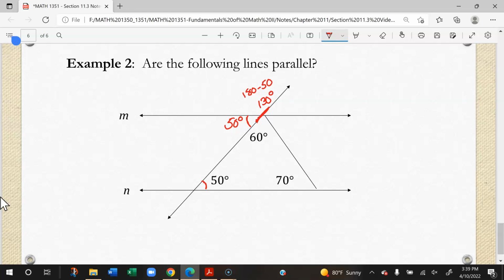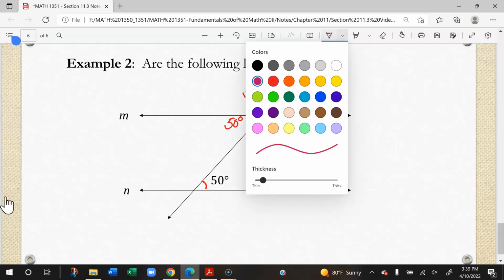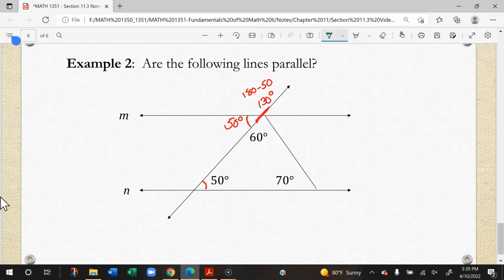Okay. Now, let's think about this. Let me go with this color. These two angles here are supplementary. So since they are supplementary, that would mean that this angle is going to be 180 minus 70, which would give me 110 degrees.